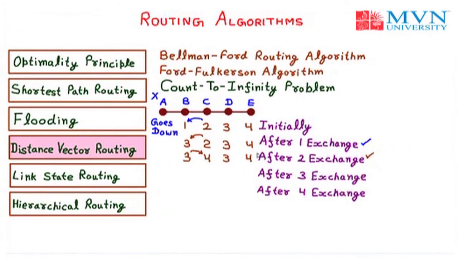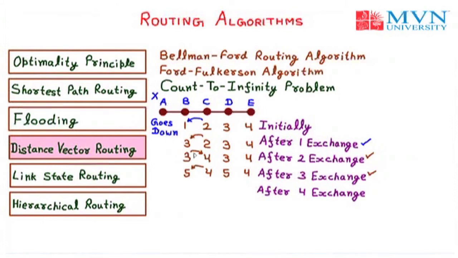After the third exchange, again the value of C is 4. D sees that 4 is greater than 3, so it updates its table with 5, and the value of E remains 4. Now B will think that the value is 4, and since A comes after C, it will update the table to 5.